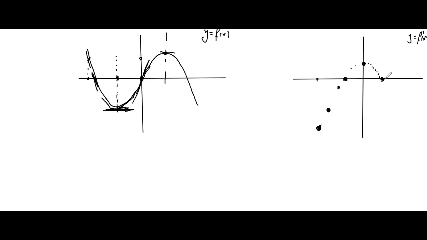So this point corresponds to this one here. And over here it crosses the x-axis and it goes down, down, down, down. It becomes more and more negative. So this is what the graph of a derivative looks like.